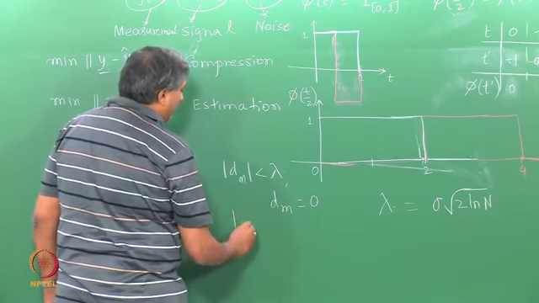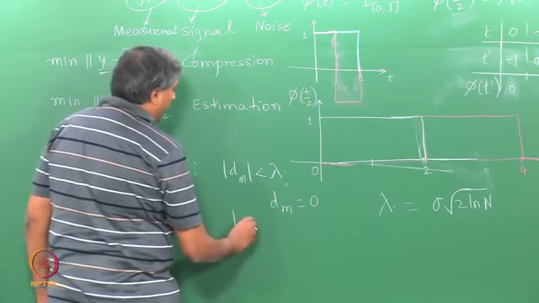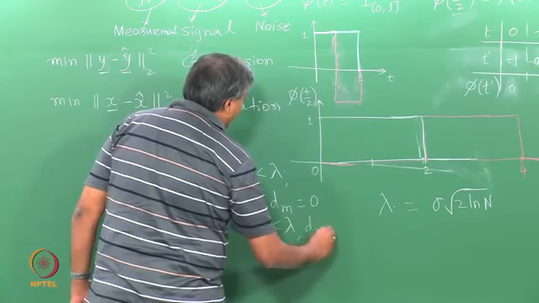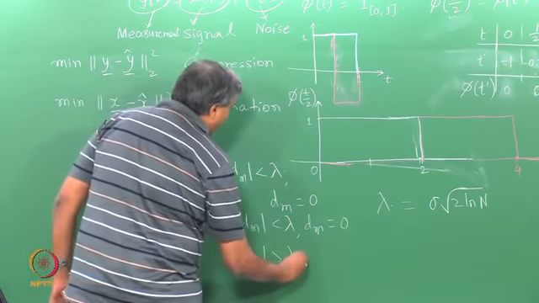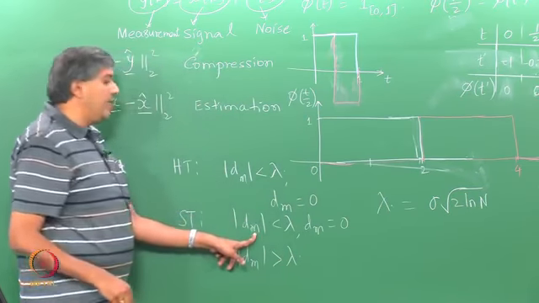And this is the hard thresholding. The soft thresholding, in addition to this, works as follows. When I say dm here, in fact I mean all the coefficients at any scale m.